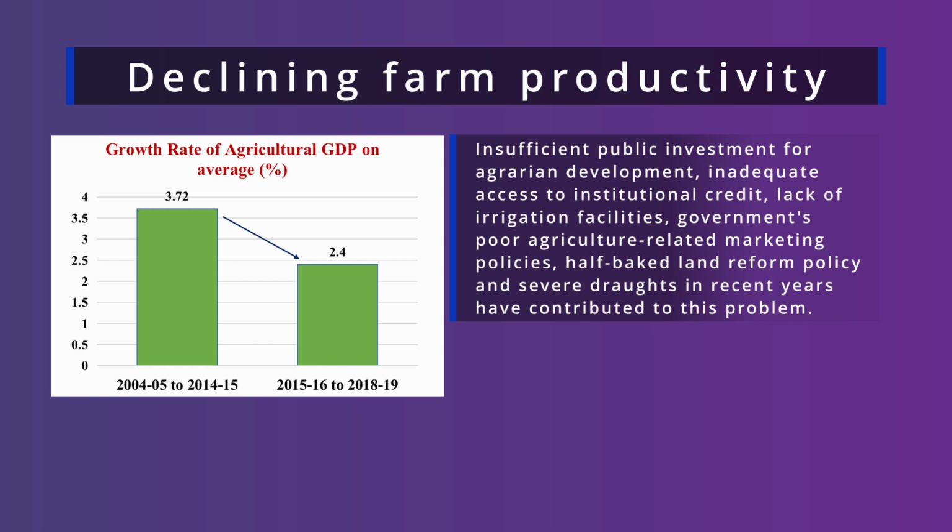There is a huge financial exclusion in the rural sector. So farmers are not getting loans at a relatively cheaper rate of interest, and they have to resort to informal sources of credit. The third important issue regarding this low productivity is obviously the lack of infrastructural facilities. The fourth one is obviously the poor agricultural marketing schemes that are prevalent in the nation.